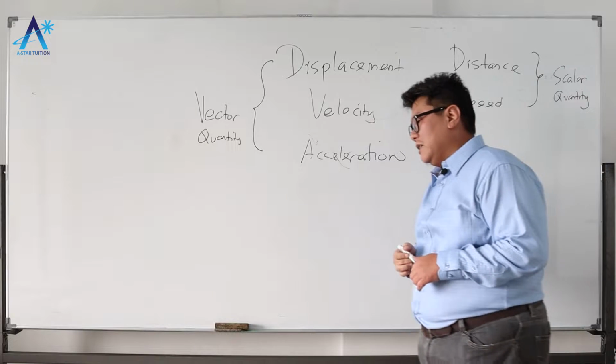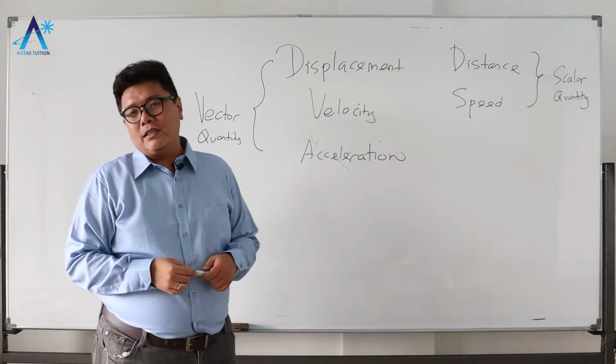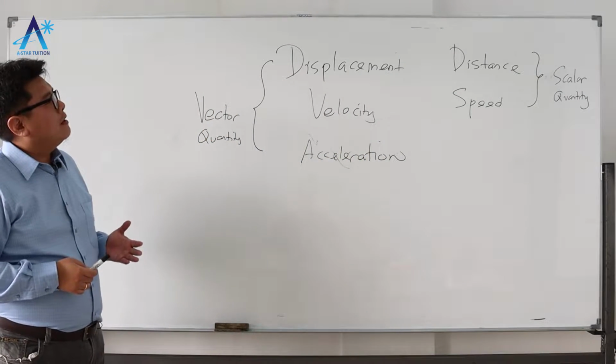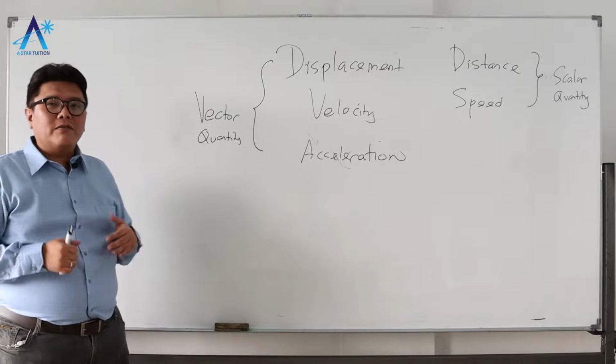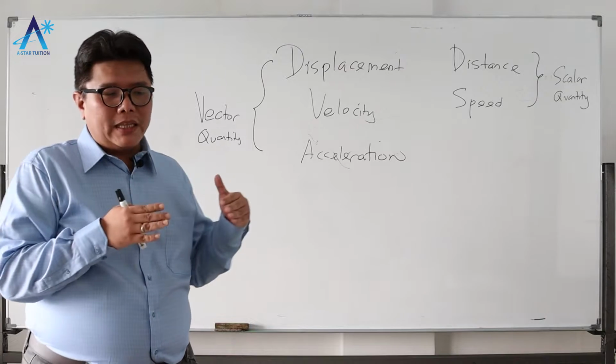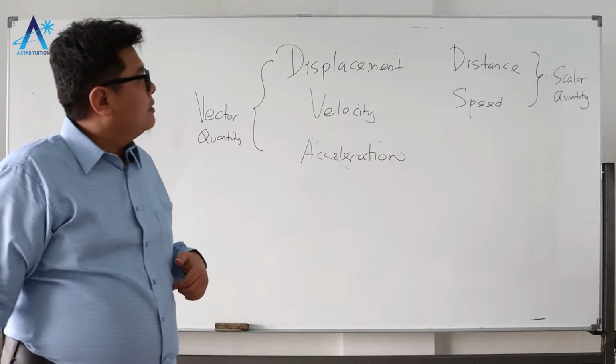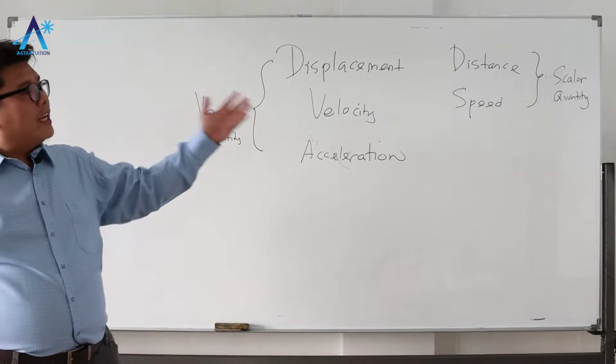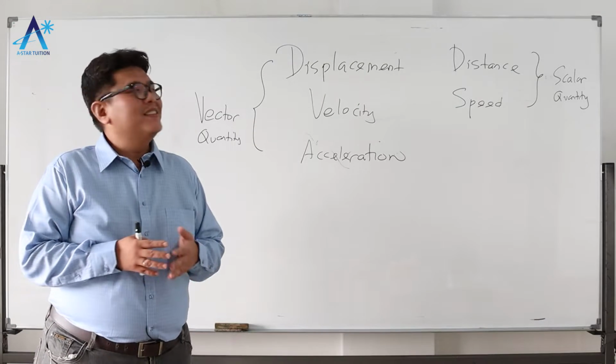In the video about vectors, you learned that a vector quantity is described not only by its magnitude but by its direction as well. As for a scalar quantity, it's only magnitude.